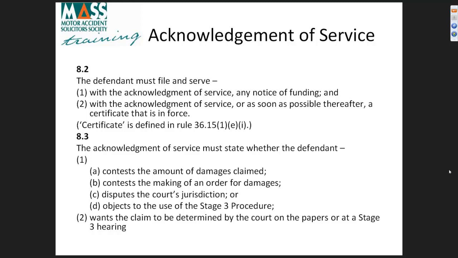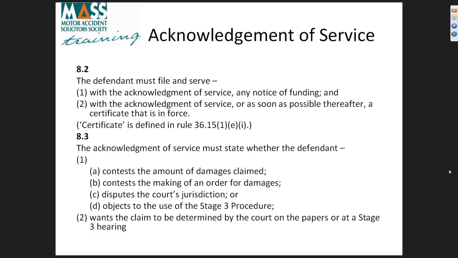So the defendant has to state on his acknowledgement of service that he contests the amount of damages claimed, or contests whether or not there should be an order for damages. Court's jurisdiction you're not going to see a lot of, and objecting to the use of Stage 3 I doubt we're going to see a lot of either.